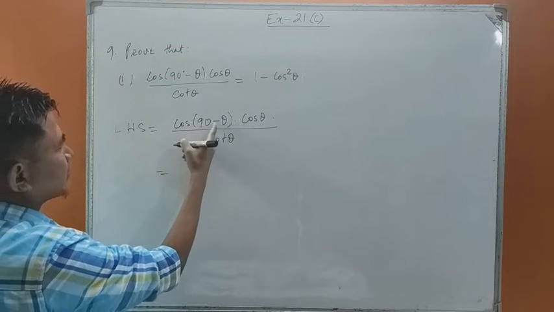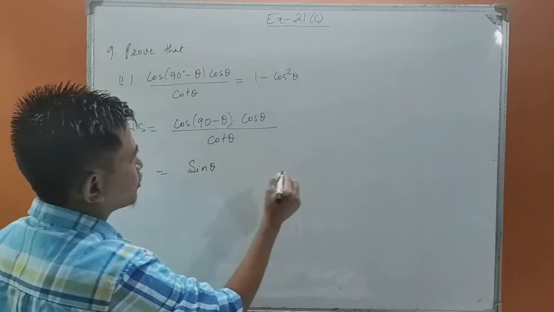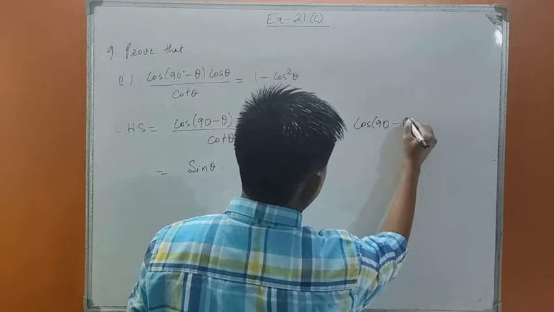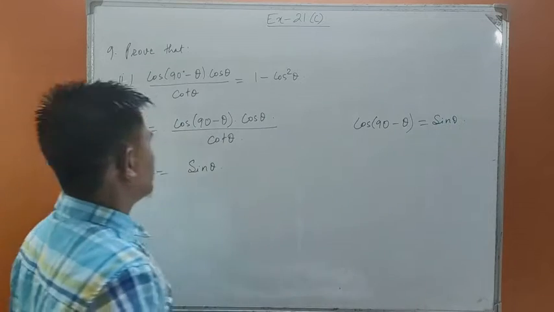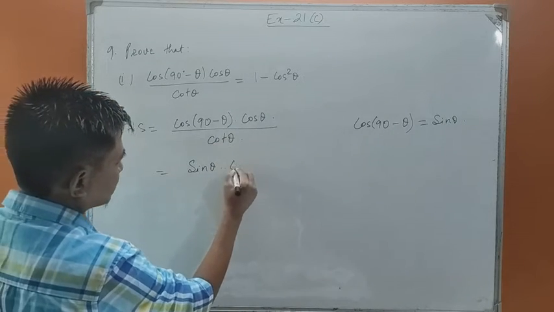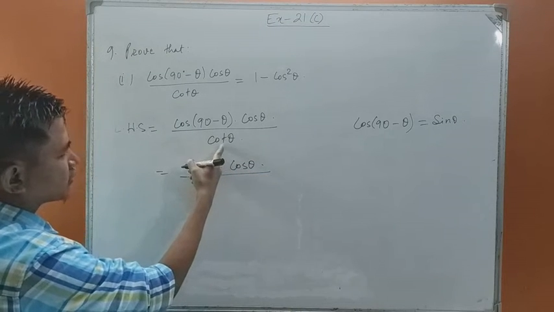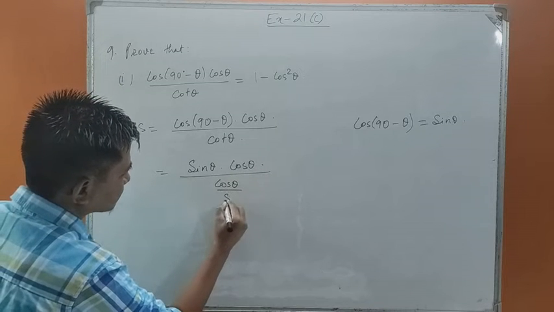So cos 90 minus theta can be written as sin theta, because we know that cos 90 minus theta equals sin theta. This is the formula, isn't it? Cos 90 minus theta is sin theta into this is cos theta. Now in the denominator we have cot theta. Cot theta means cos theta by sin theta.